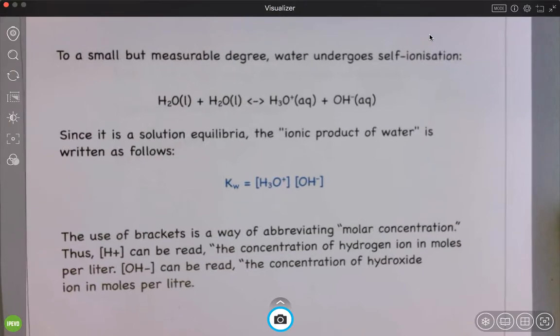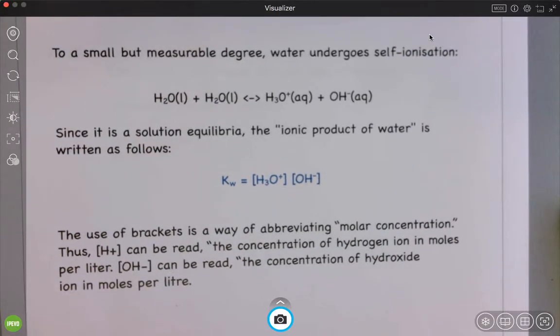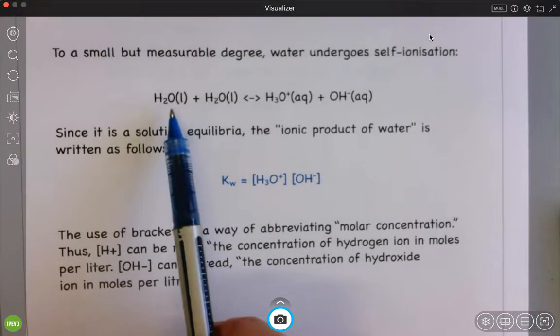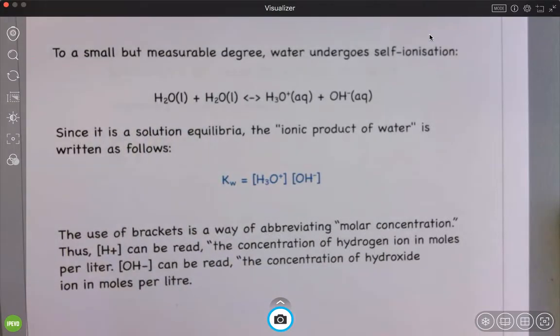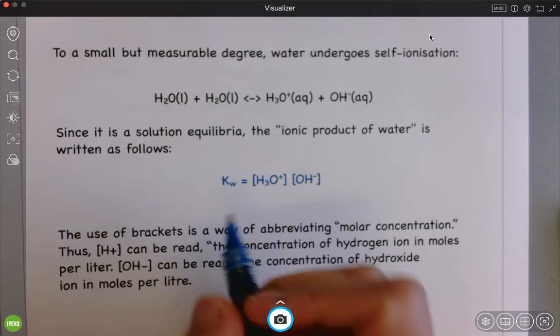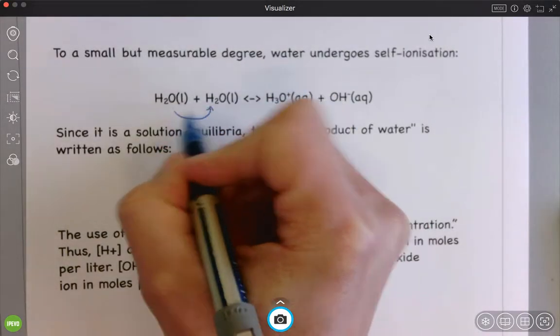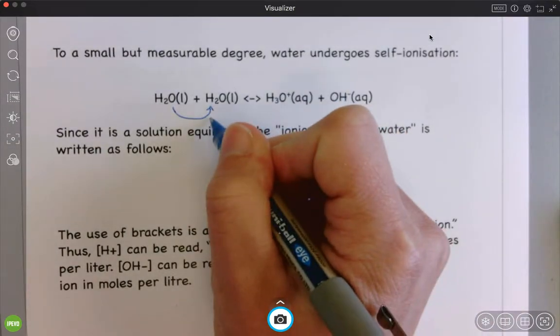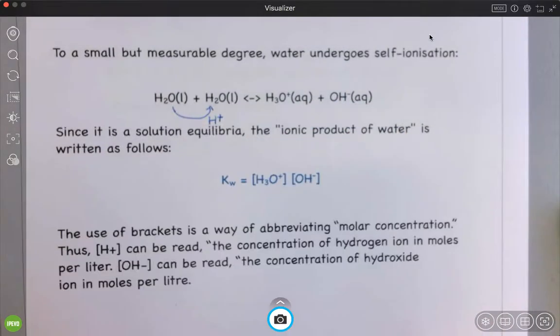Now we just want to have a chat about what water does, okay? A beaker of water, to a small but measurable degree, will actually react with itself. So two water molecules, of however many there are in the beaker, will bond together, and given enough energy and of course the correct orientation, one will donate a hydrogen ion to the other, forming hydronium and hydroxide.